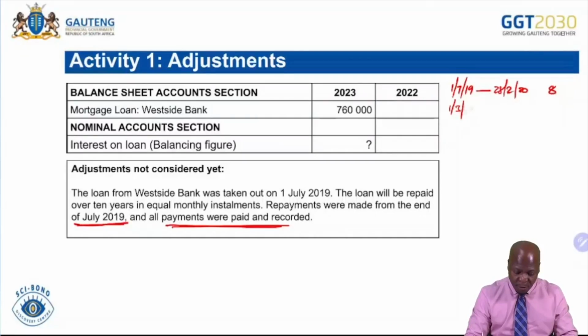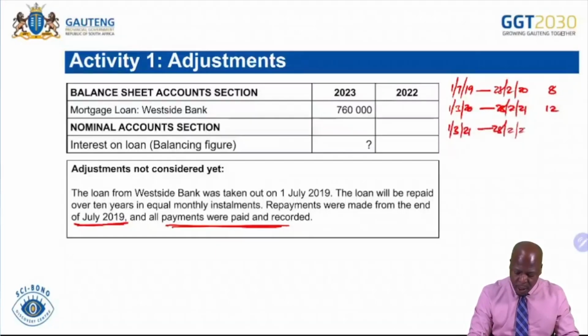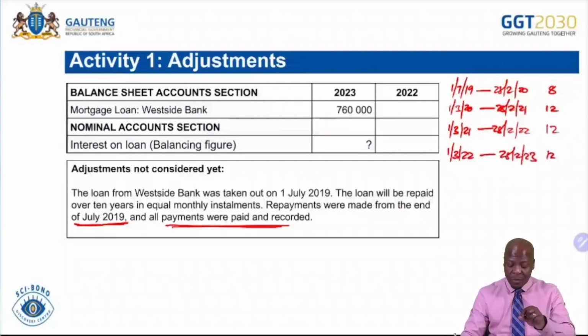So it's going to be 1st of March 2020 until 28 February 2021. That is going to be 12 months. Then the next one is going to be from the 1st of March 2021 until 28 February 2022. That is another 12 months. And then again from the 1st of March 2022 until 28 February 2023, 12 months until now.